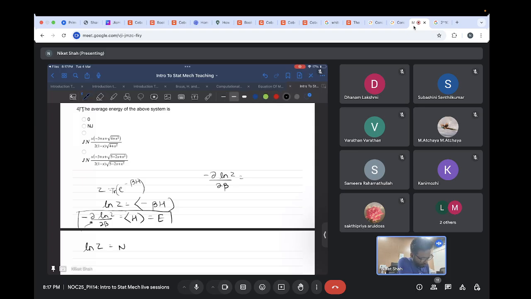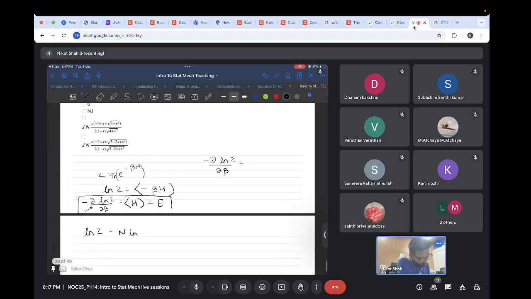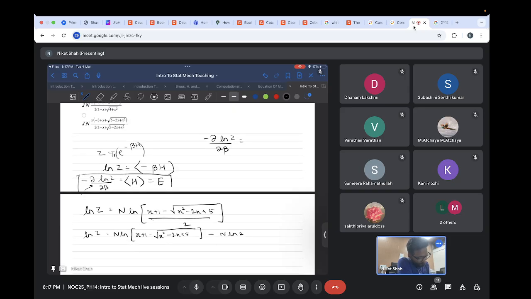So n log of (x plus 1 plus square root of x squared minus 2x plus 5, divided by 2) is equal to n ln of (x plus 1 plus square root of x squared minus 2x plus 5) minus n ln 2. That's my ln Z. Del ln Z by del beta is n divided by x plus 1 plus square root of x squared minus 2x plus 5, times the derivative of that term.